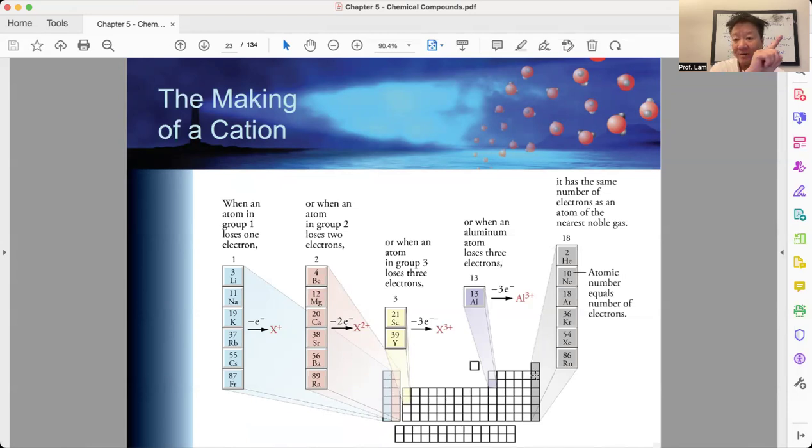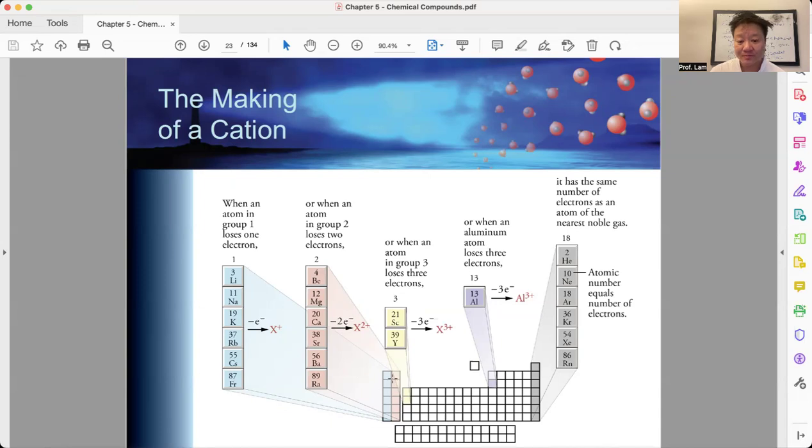You go left, you reach the noble gas, okay? So of course, in group 1A, going left means you want to lose one electron. So if you lose one electron, then you become a cation. You become plus. And so all of group 1 metals will be 1 plus charge, okay?